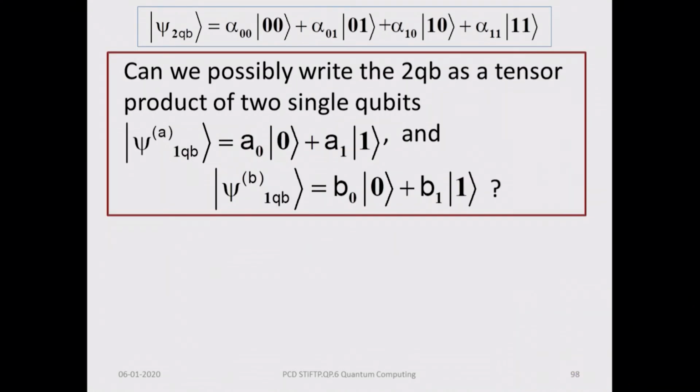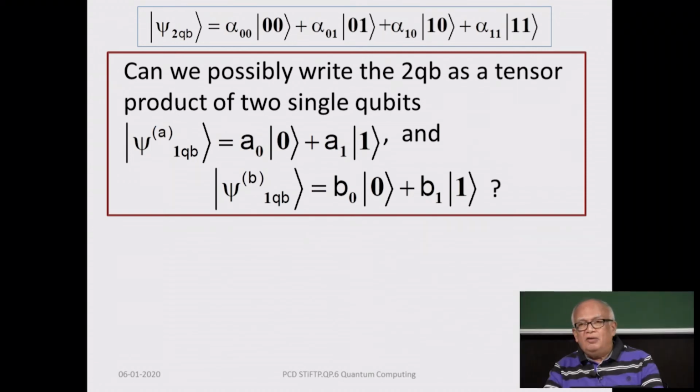So now let us take this 2-qubit state and we ask this question: can we write this 2-qubit state as a tensor product of two single qubit states? Is it possible? It may be possible, it may not be possible. There is no reason to assume that it always will be possible, not unless you check it out, right?